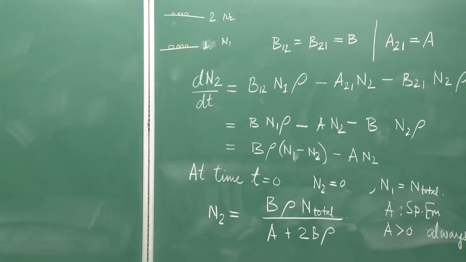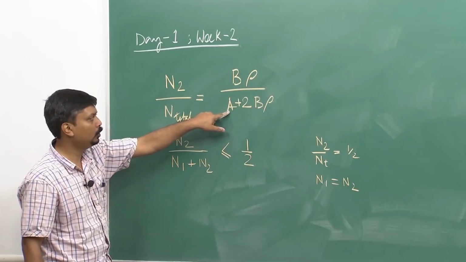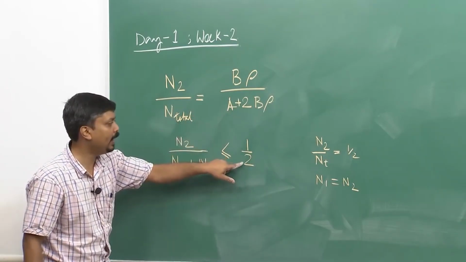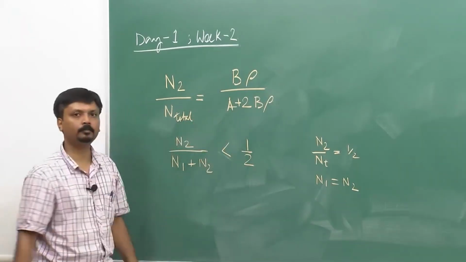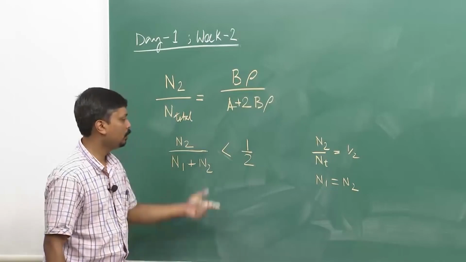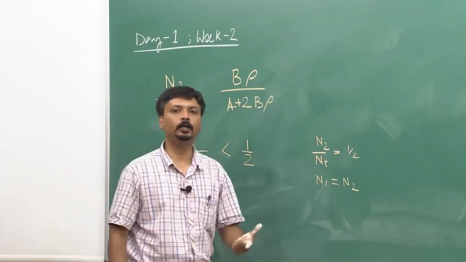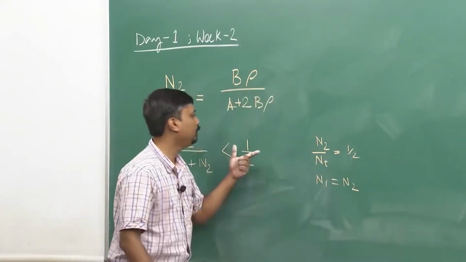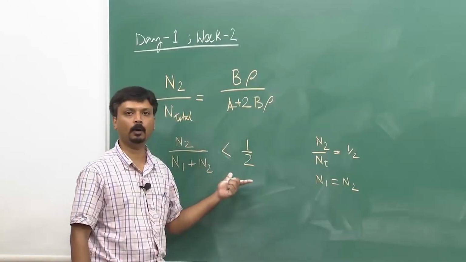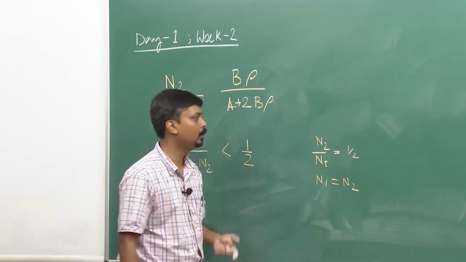Because A is always positive, this one is always less than half. So, forget about going to N2 by N1 greater than 1, I have N2 much less than N1 all the time.